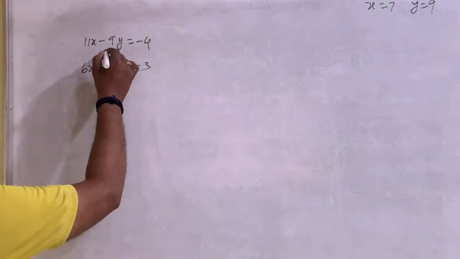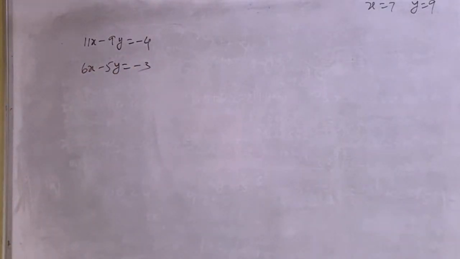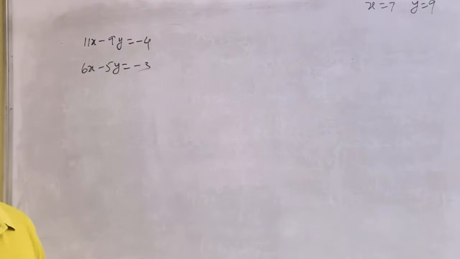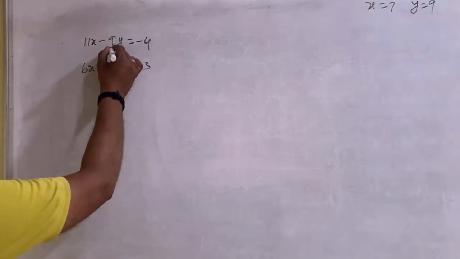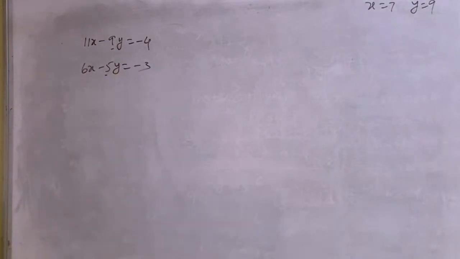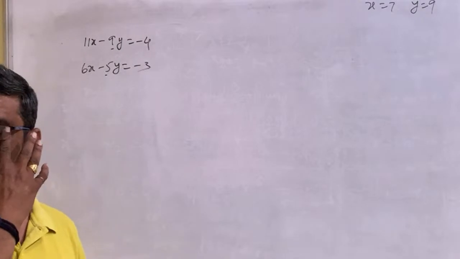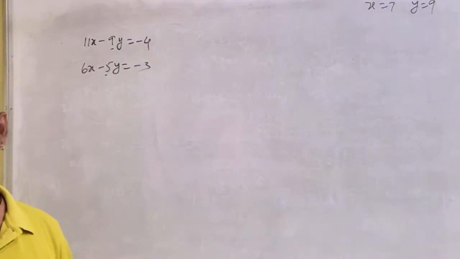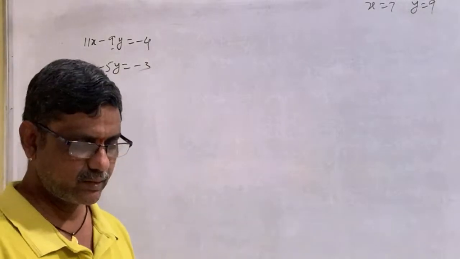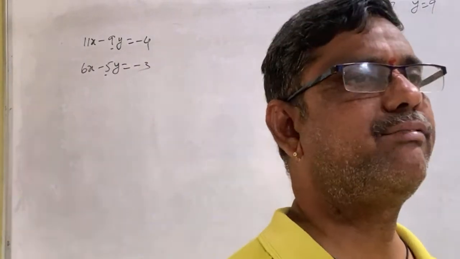Now, observe the coefficients irrespective of signs. Don't look at the signs now. First, see the coefficients: 9 and 5. So what is the LCM of 9 and 5?